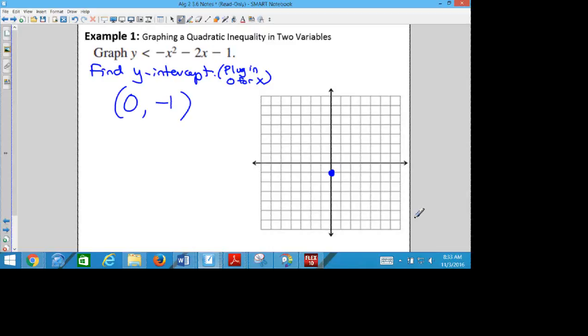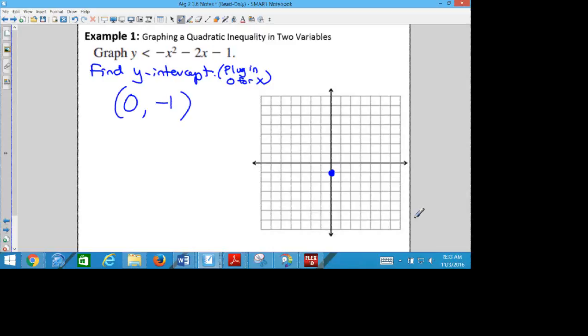That's one way. We've done the vertex by finding the 2 x-intercepts and finding the middle of that, which is the AOS, and then plugging that in. We found the vertex by using complete the square and putting it into vertex form. That's another way. There's lots of ways we found the vertex. I'm going to make sure I review all those ways in some example.